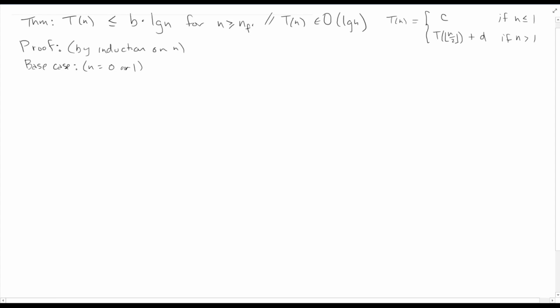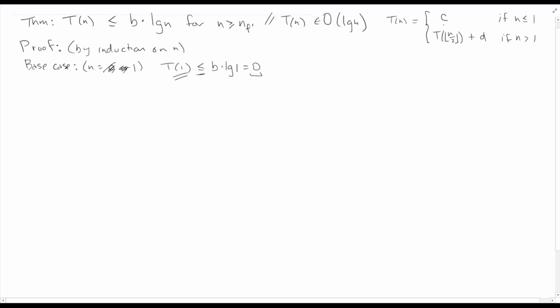That's an impossible one. So maybe we say to ourselves, okay, 0 is not a possibility. Let's try 1. What would I need to prove for 1? T of 1 is less than or equal to b times log 1. Now we need to be careful here too. Log 1 is 0. That means T of 1 must be less than or equal to 0.